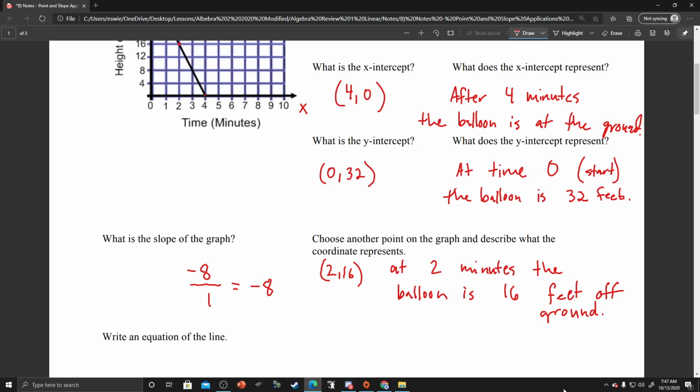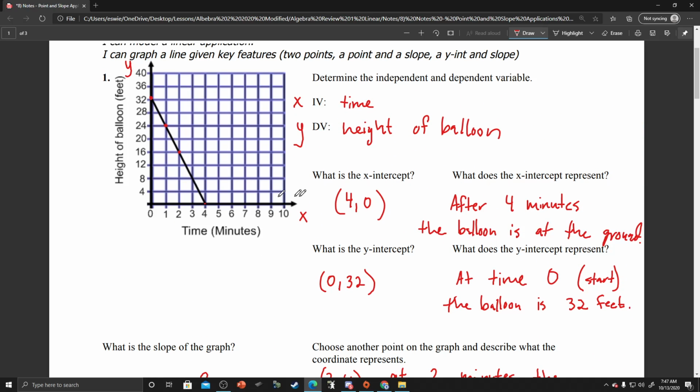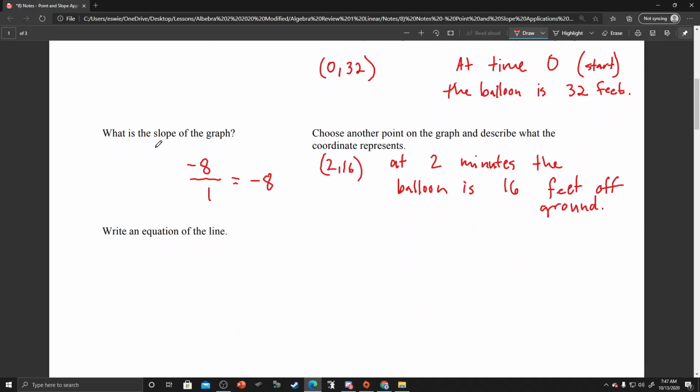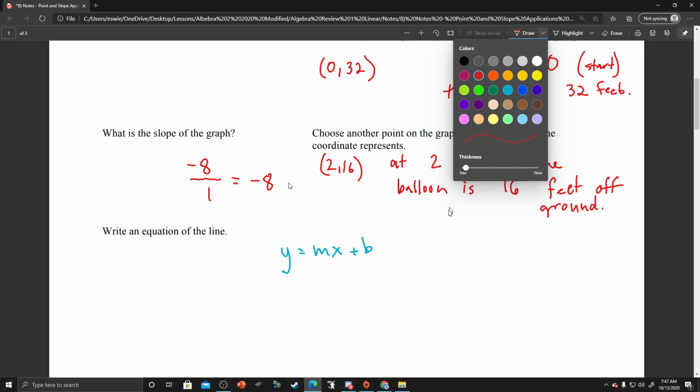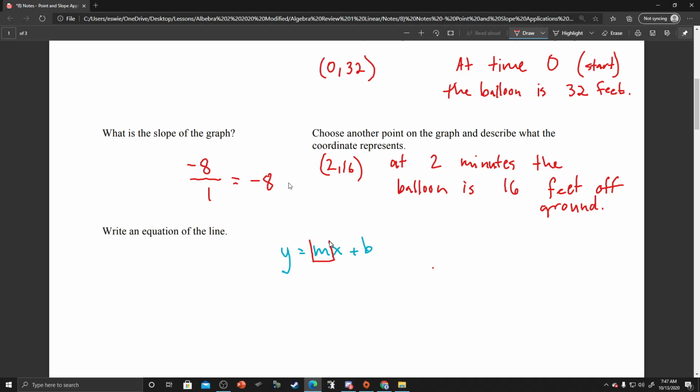So how could we write an equation of the line? Well, I know what the y-intercept is. It's 32. And I know what the slope is. So I can use the equation we talked about last time, y equals mx plus b, where m is going to be my slope rather.